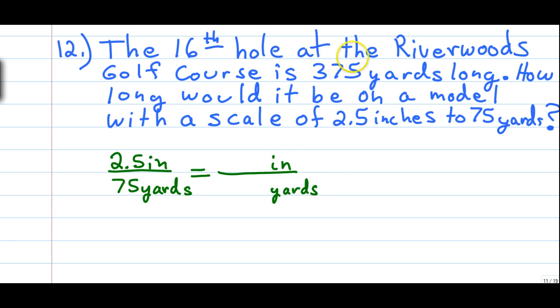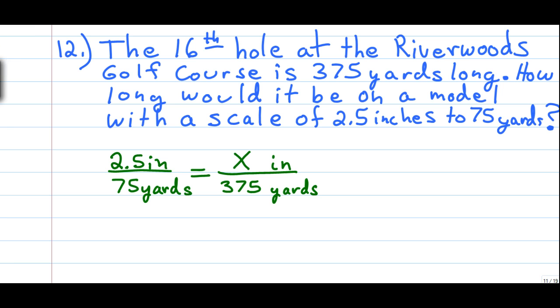It says that the 16th hole at the Riverwoods Golf Course is 375 yards. So we have that in the denominator's position on the other side. What we don't know is how long it would be on the model. Because we don't know, we're going to put in a variable. In this case, I'll put in the variable x.